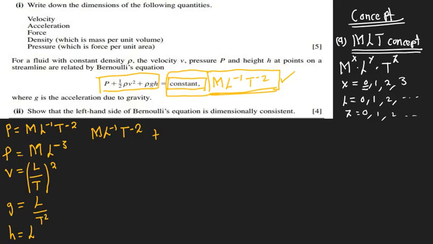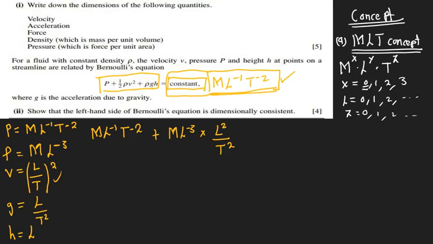But what are the dimensions for density? Density, we say that it is M L -3. Okay, then we are going to multiply everything by velocity to the power 2, so this is going to be L2 over T2, like that. Okay, I think we know where that is coming from.